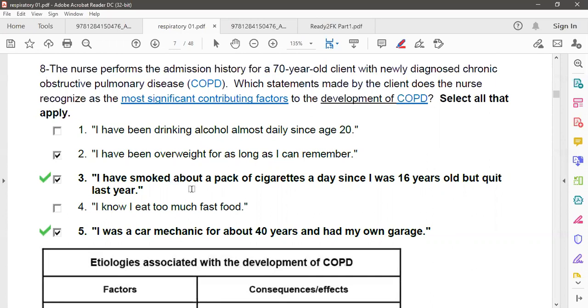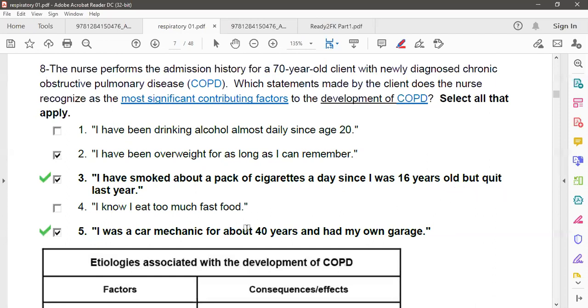I have smoked about a pack of cigarettes a day since I was 16 years old, but now I stopped it. But I said COPD is related to cigarette smoking, active or passive, any.